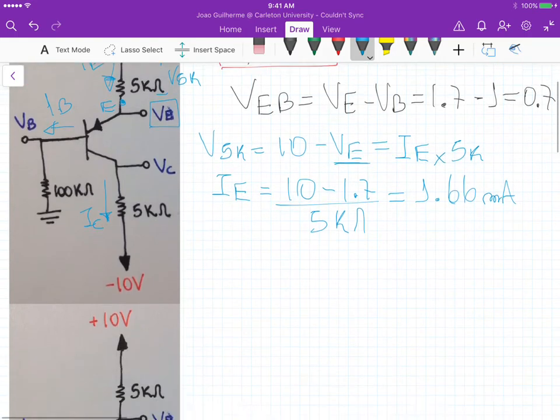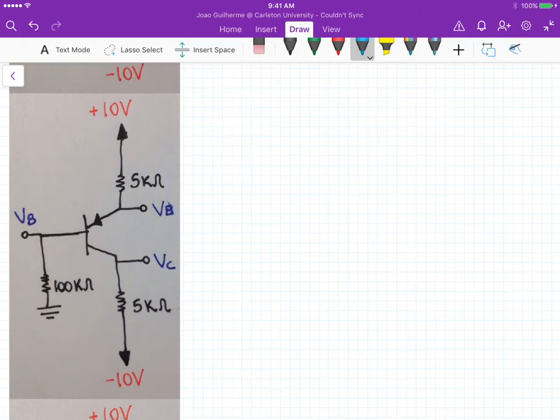Now if we look at this circuit again, the current that's flowing here at the base, this IB, is the same current that's flowing through this 100k ohm resistor. Since we know VB, and we know that here we have 0 because this terminal of the resistor is grounded, we can calculate this potential difference V100K.